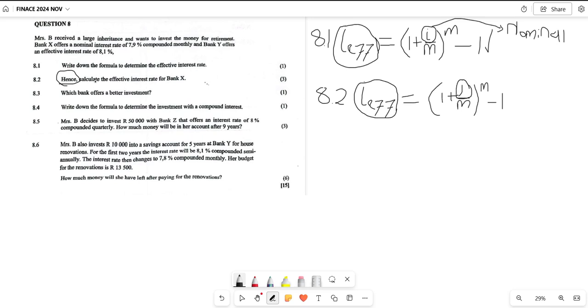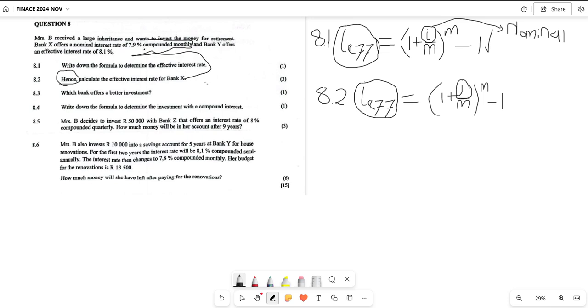It says, calculate the effective interest rate for Bank X. Let us read about Bank X. Bank X offers the nominal interest rate of 7.9% compounded monthly.